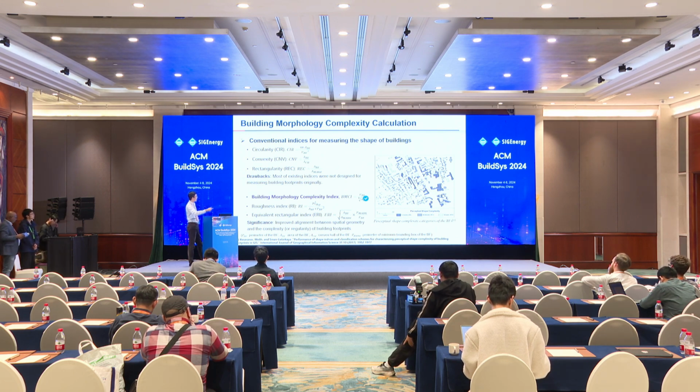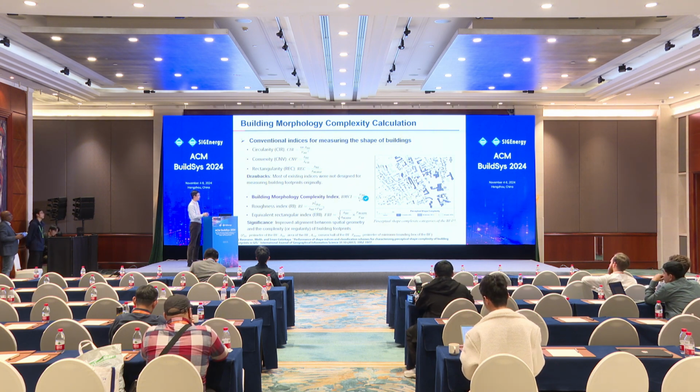For example, circularity measures whether a building is more like a circle, while convexity focuses on whether it is a square. But they cannot directly reflect the complexity of the building structure in terms of the 2D building footprint. As you can see on the right figure here, it categorizes different levels of complexity over the 2D building footprints.